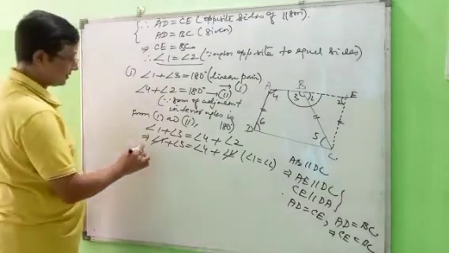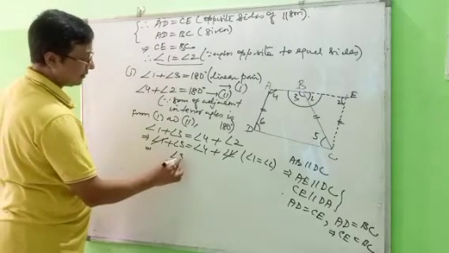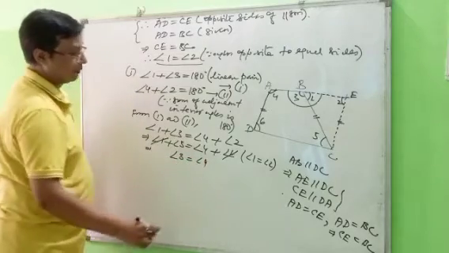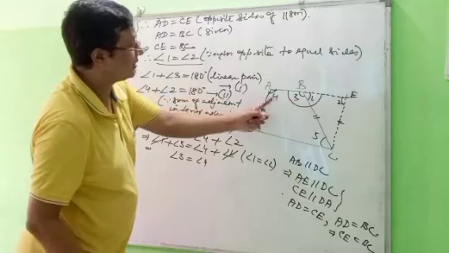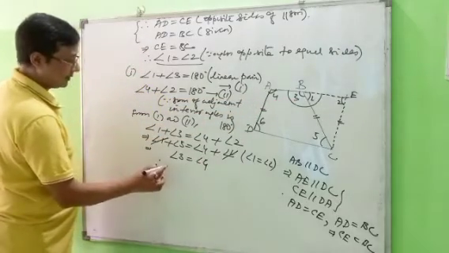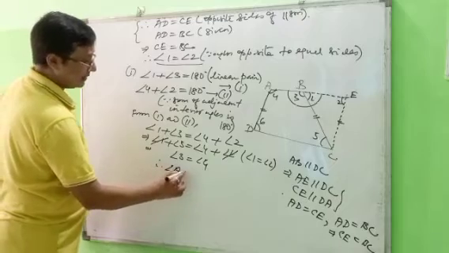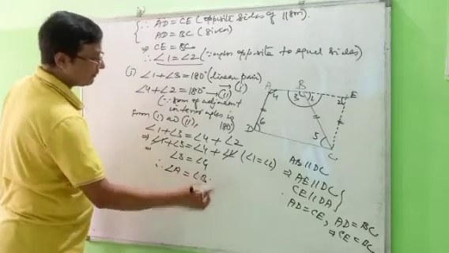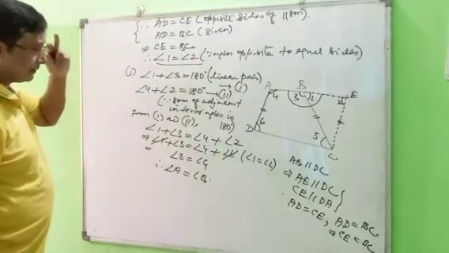From this you have got that angle 3 is equal to angle 4. Therefore angle A is equal to angle B. So the first proof you have got.